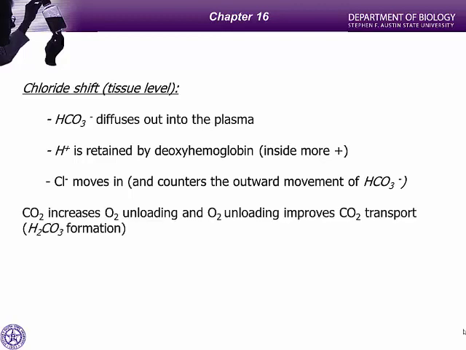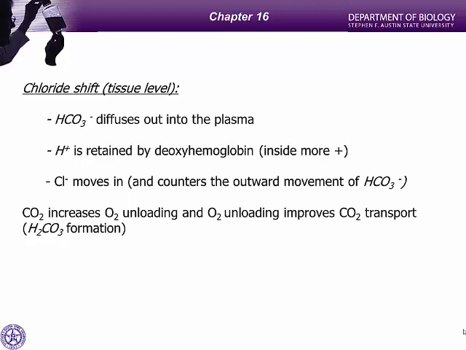Now, we talked about how CO2 increases the pH because of the carbonic acid, and it's going to increase the oxygen unloading. Well, likewise, the more oxygen you unload, the more you're going to improve carbon dioxide transport and the formation of carbonic acid. So each one, almost like a seesaw, each one is going to enhance the other.